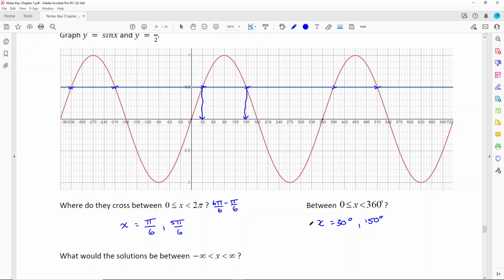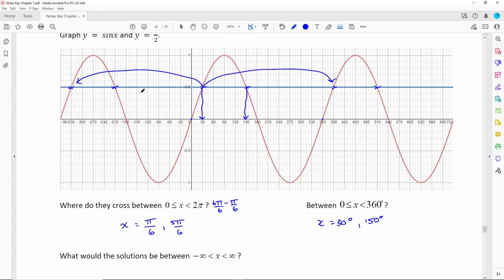What I want to look at is, what if I don't restrict the domain? What if I said, what are all the solutions between negative infinity to infinity? What I want you to notice is that this solution of 30 degrees is happening in the first quadrant of every single cycle of the graph. So it happens here, it happens here. If we had another cycle, it would happen there, and it also happens back here.